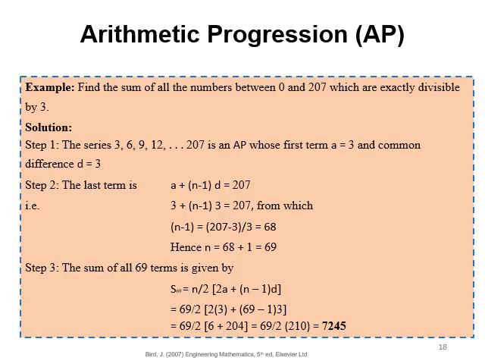Another example. Find the sum of the numbers between 0 and 207, which are exactly divisible by 3. Now have a look here. The series from 0 to 207, okay, but all numbers are divisible by 3.